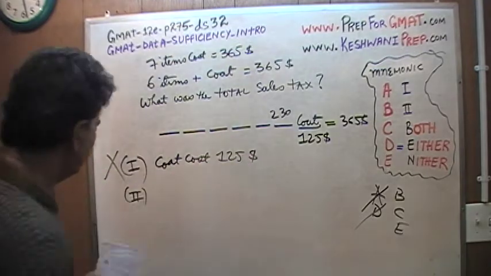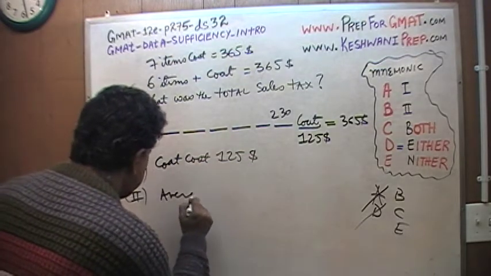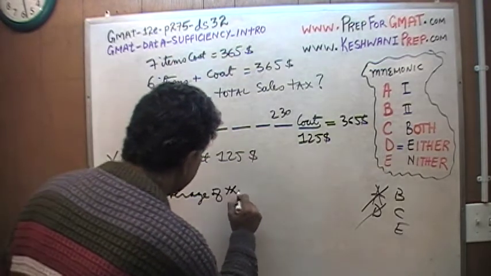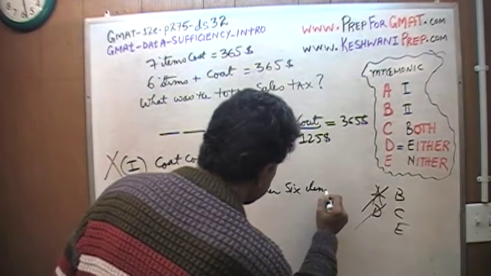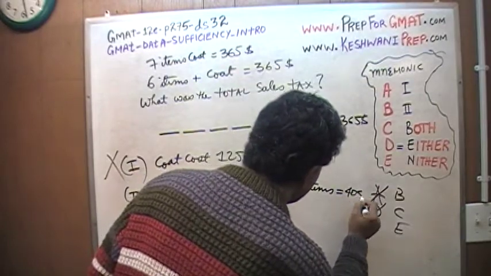So now they're telling us that the average of the other 6 items is $40.